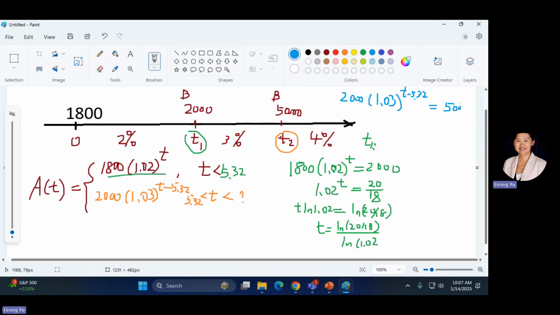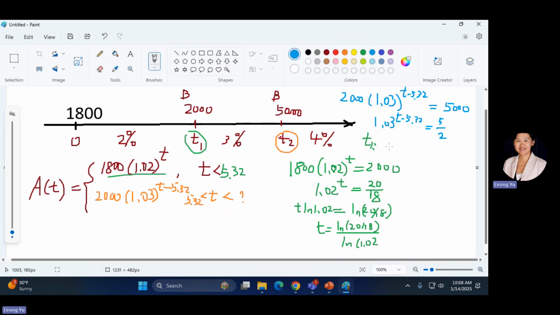We're going to find out when it reaches 5,000. So then 1.03 to the power T minus 5.32 equals 5,000 divided by 2,000, which is essentially 2.5.